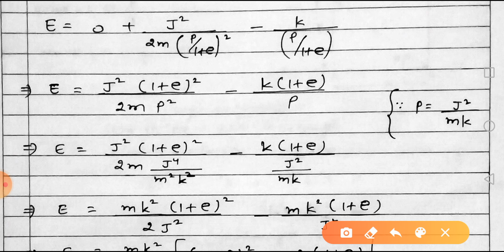Now E is equal to j square, this term goes to the upper side, then (1 plus e) square upon 2m p square minus k (1 plus e) upon p, and we know that p is equal to j square upon mk. Previously we defined this, so j square (1 plus e) square upon 2m, and put the value here. p square is j to the power 4 upon m square k square, and here also put j square upon mk.